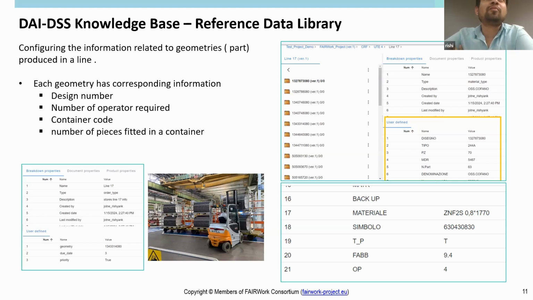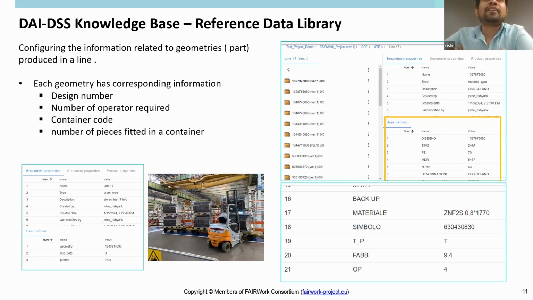To produce a geometry or a part, you need its raw material identification code, and then a required series of die numbers. As I told you, each line has a series of stamping machines. These stamping machines need to have dies, and these dies have some identification code, and each geometry is associated with this die configuration information, and we can configure this information using this reference data library.